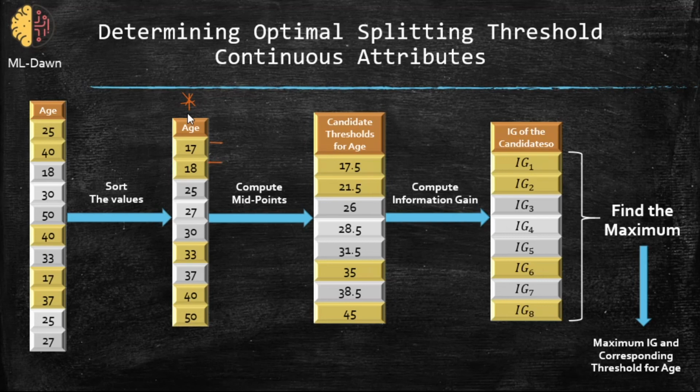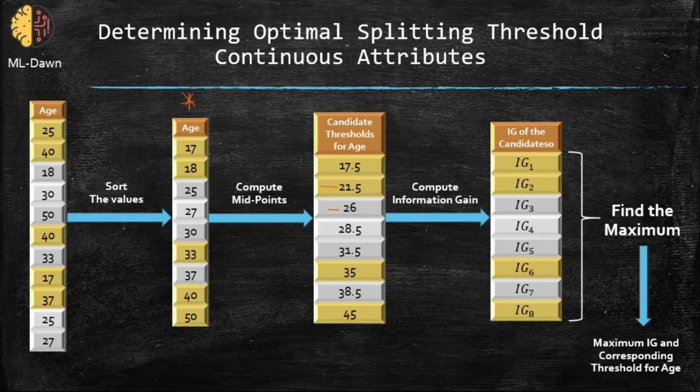If I look at the midpoint of these two, the midpoint is 17.5. Then 18 and 25, the midpoint is 21.5, so on and so forth.